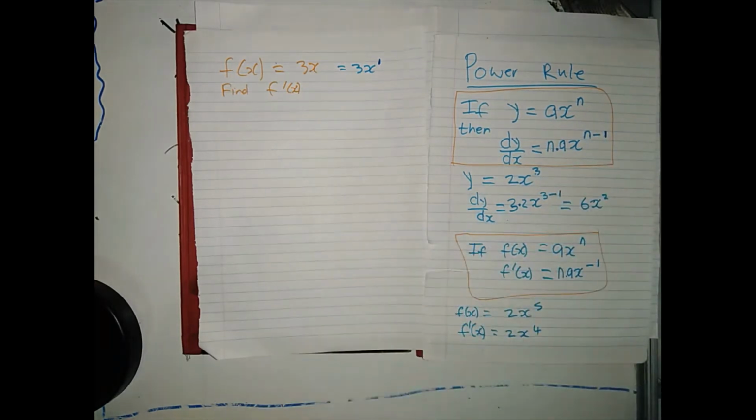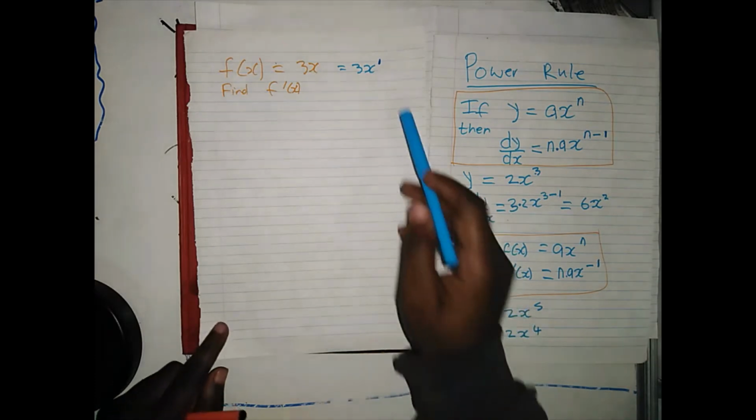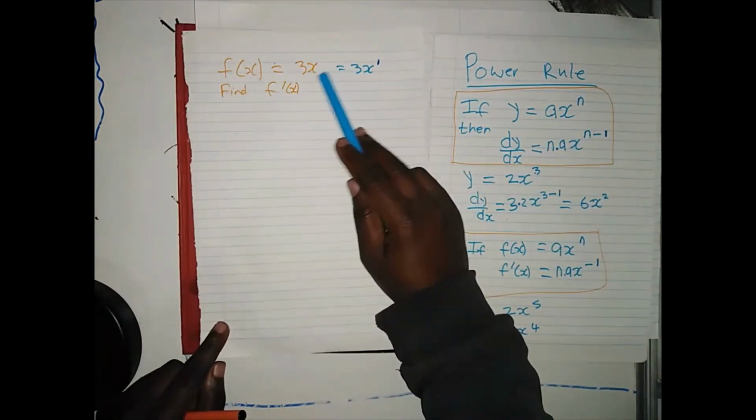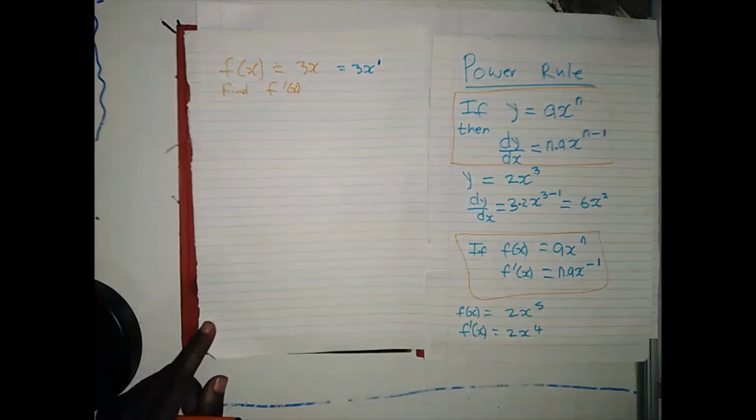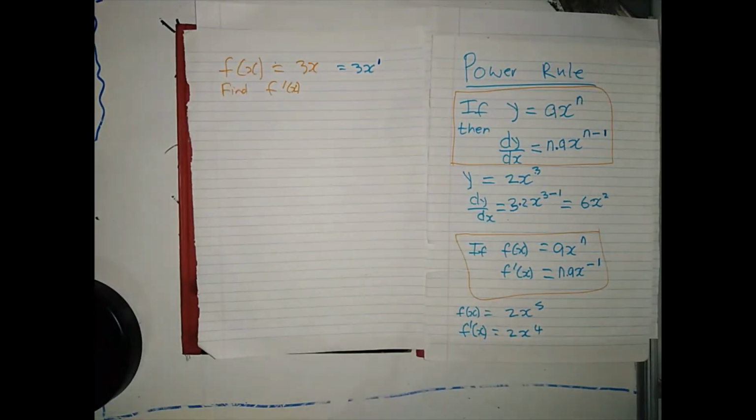So you cannot use the power rule if you have not recognized where the power is. That is why it was important to remember that 3x is the same as 3x to the power 1. So there is a power, and because there is a power, I can use the power rule. I can't use it if there is no power.